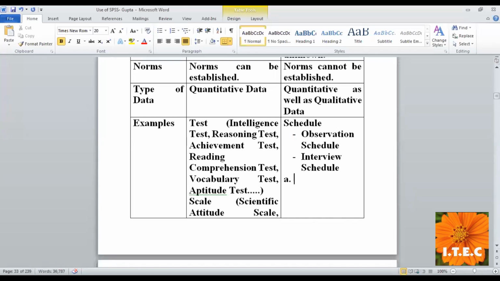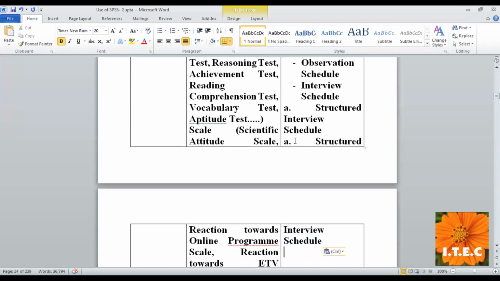One is called structured interview schedule, and another you call unstructured interview schedule. And then you have the questionnaire.